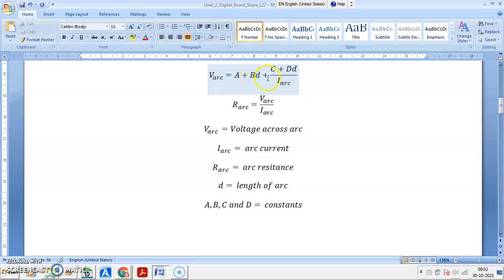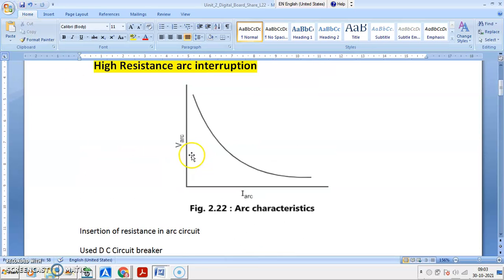By increasing the length you can increase the voltage drop and hence extinguish the arc. So voltage across the arc reduces as current increases. That is the inverse phenomenon we have discussed about the high resistance.